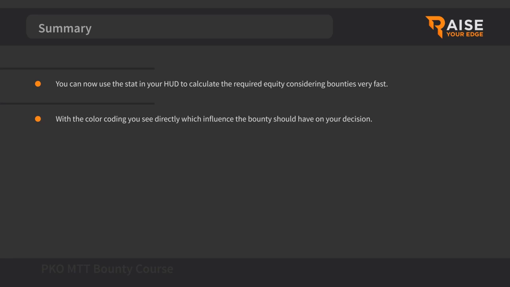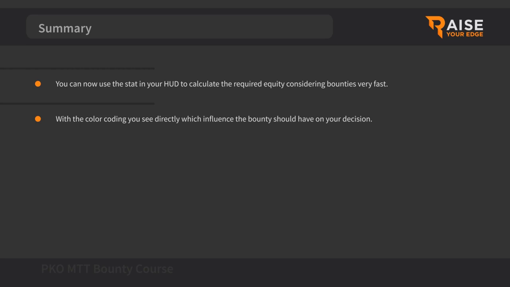If the stat is red, the bounty actually has not a very big influence, so it's in between 0 and 3% equity drop of the equity which I'm getting off the odds. If it's yellow, then it's in between 3 and 8%. And if it's green, then I should really look into this, and I should really focus on this table.